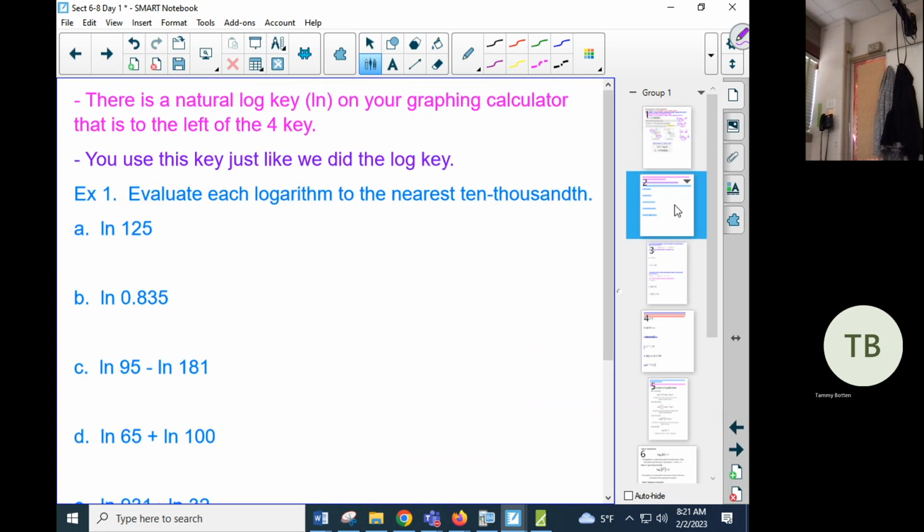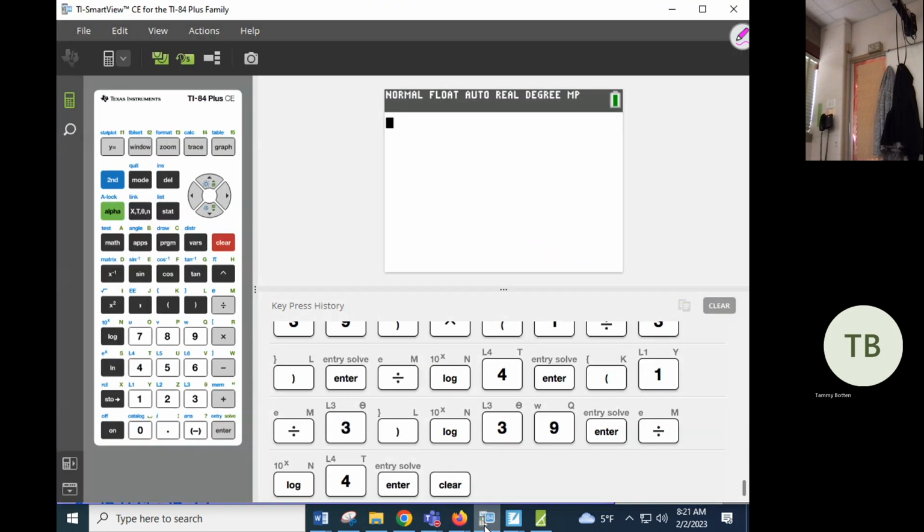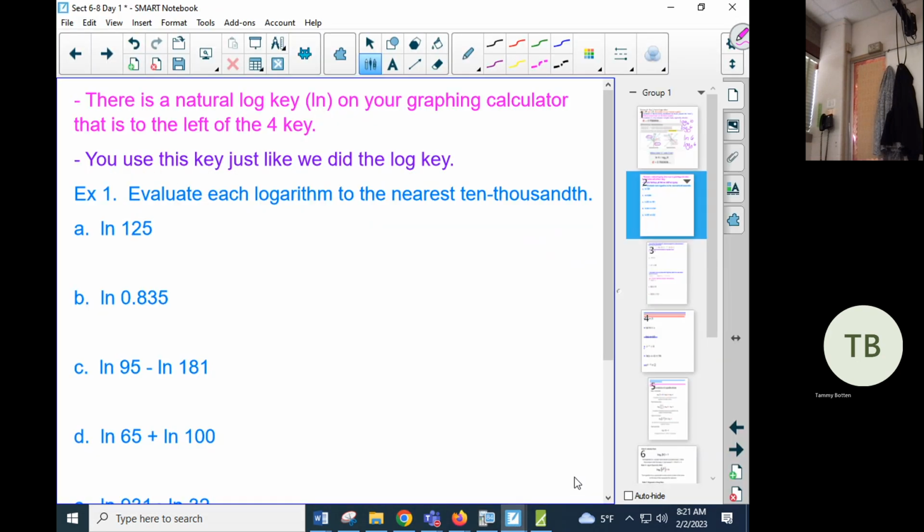Okay. So now this part's pretty easy. There is a natural log key on your calculator, and it is to the left of the 4. Okay. So if I gave you any problem today and I said, find the natural log of whatever, like in this problem here, it says, find the natural log of 125 to the nearest 10,000.